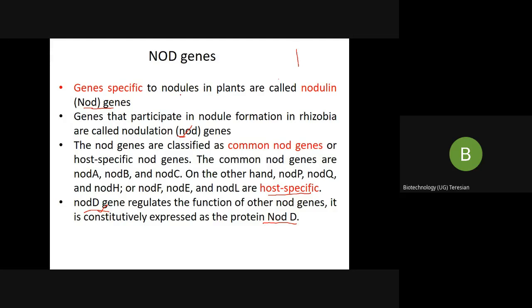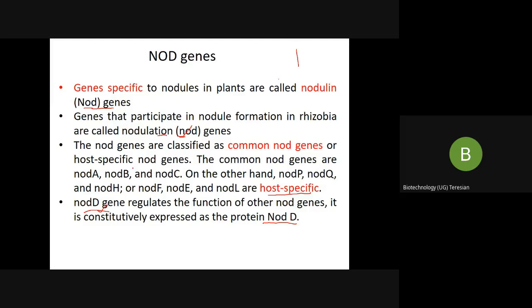Genes specific to nodules in the plant are called nodulins. Genes that participate in the formation of nodules are called nod genes. There are different types of nod genes.